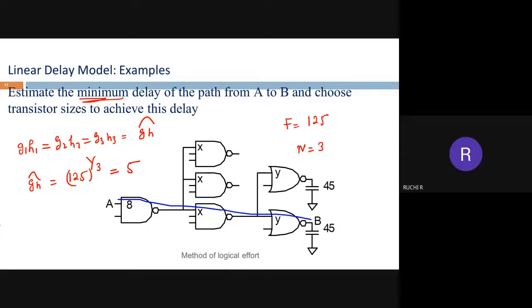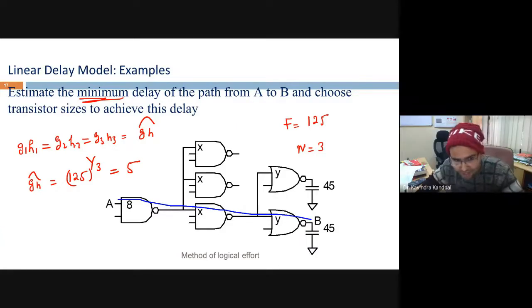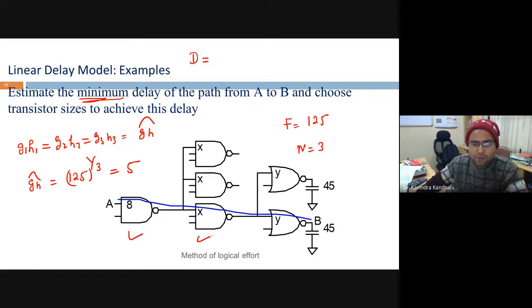Now listen. What is going to be the delay? The number of stages N is 3. So 3 into 5 plus the parasitic delay of the 2-input NAND gate. How much is the parasitic delay of the 2-input NAND gate? 2 times P inverter, and P inverter delay is 1, so 2.